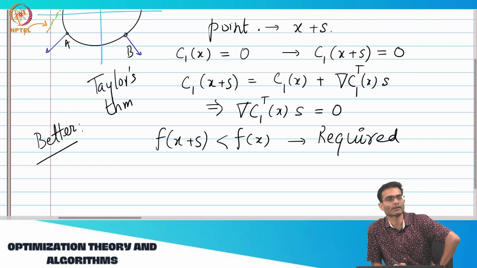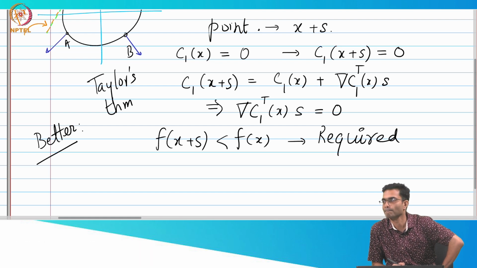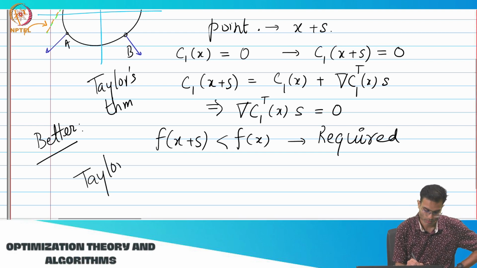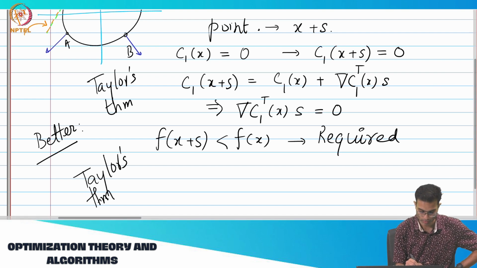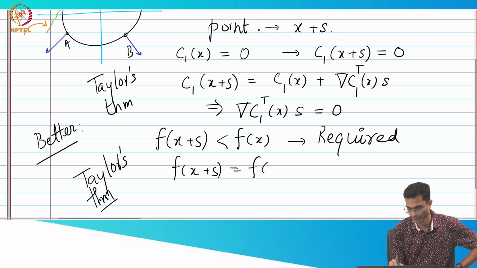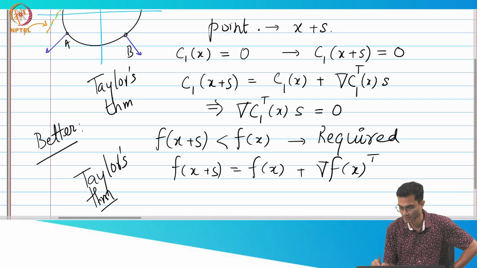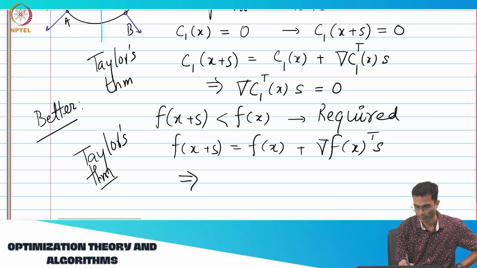What trick do you think I can apply to simplify this further? Same trick, which is Taylor's theorem, right? Taylor's theorem will give me f of x plus s is equal to f of x plus grad f transpose s. What does this imply?